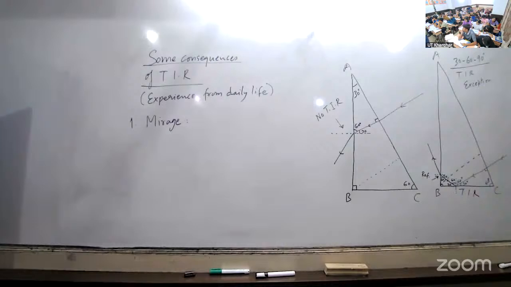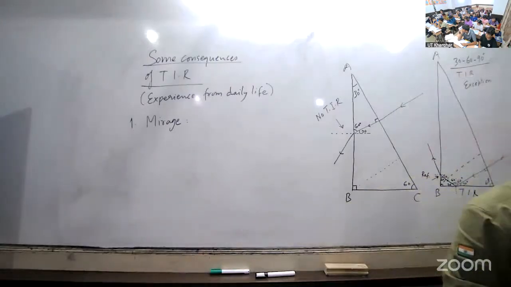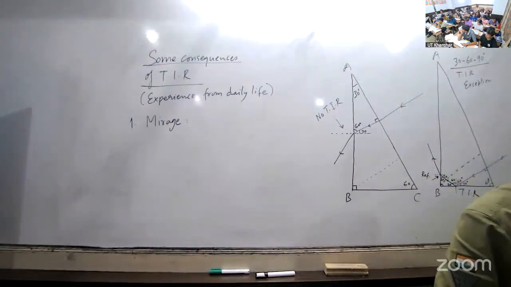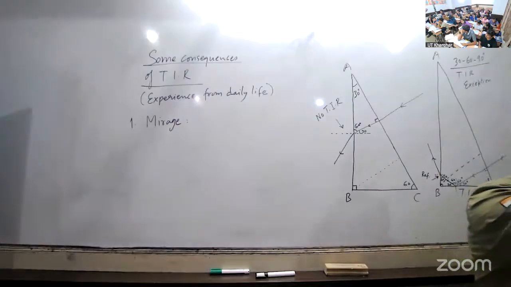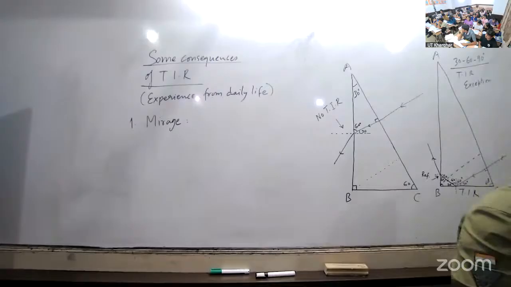Have you heard of mirage, oasis? This takes place due to total internal reflection. So what is an oasis? A feeling that there is a water body in a desert. But actually when you reach there, it is not.